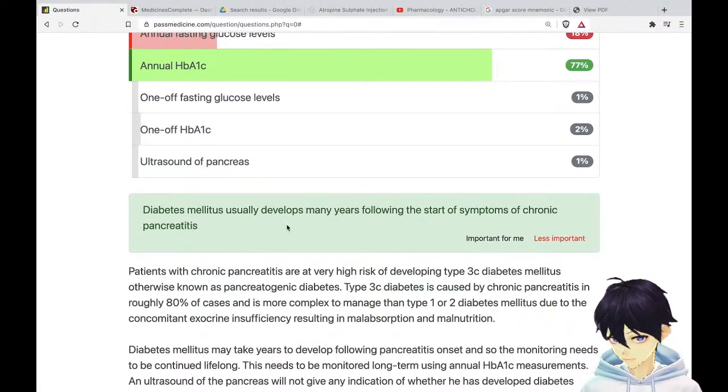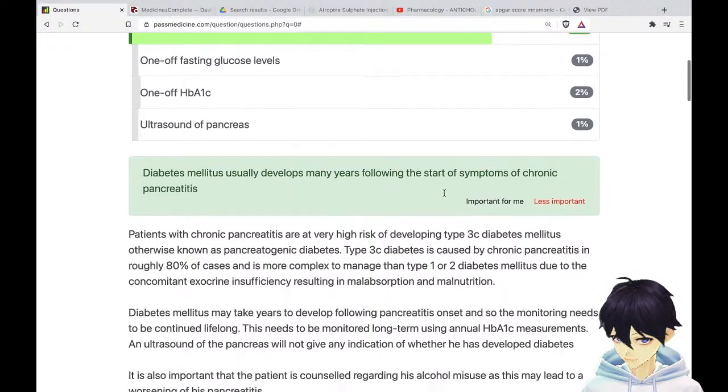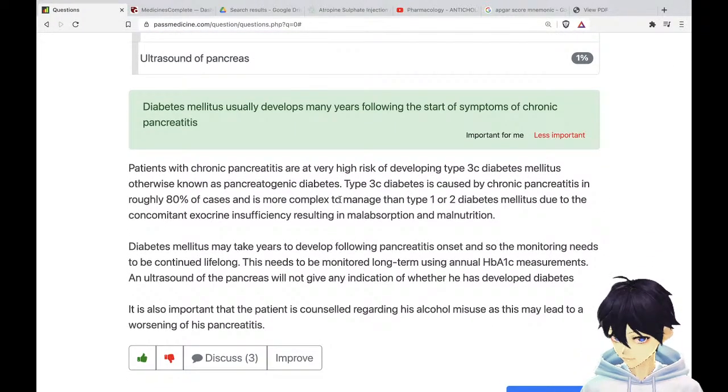So, diabetes mellitus usually develops many years following the start of symptoms of chronic pancreatitis. Patients with chronic pancreatitis are at very high risk of developing type 3C diabetes mellitus, otherwise known as pancreatogenic diabetes.